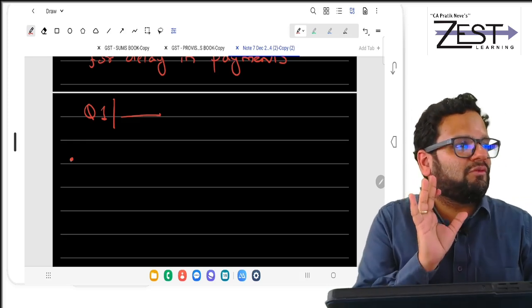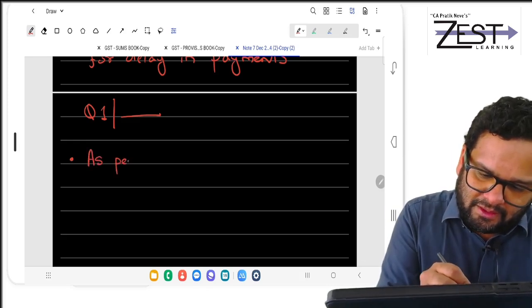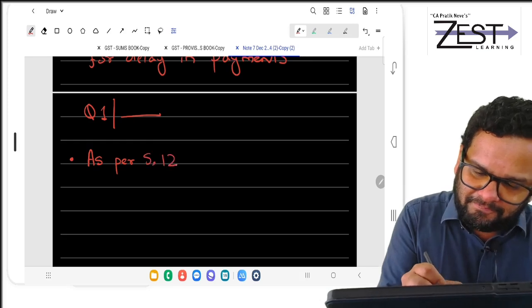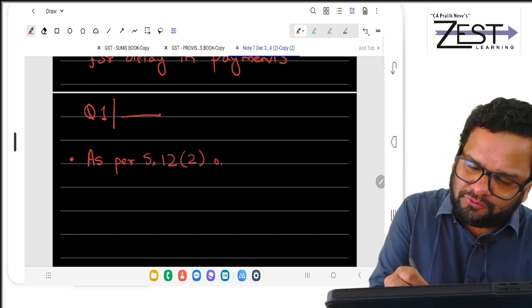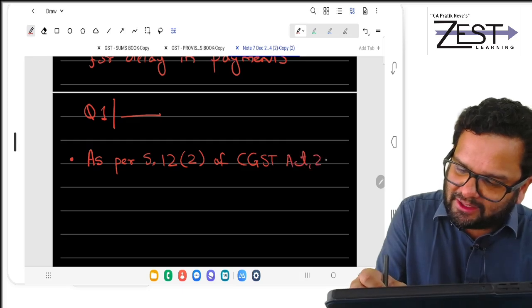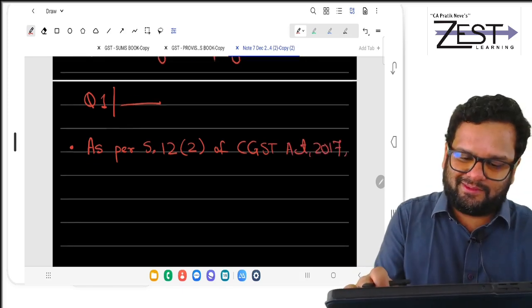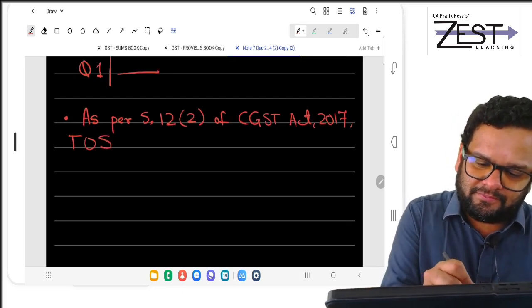So, how will you present? First, write the provisions involved. Which provisions are involved? As per section 12(2) of the CGST Act 2017. Time of, write the full form please.